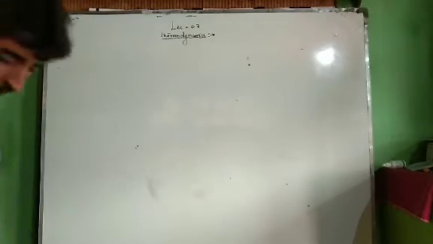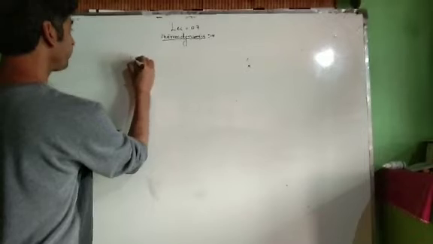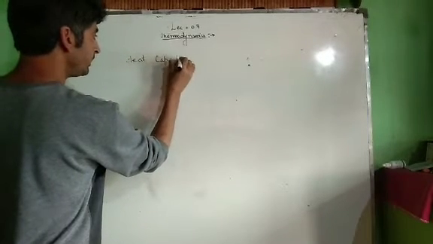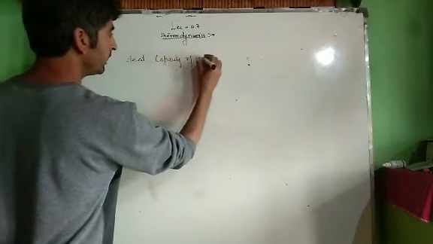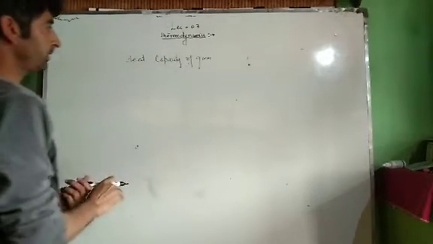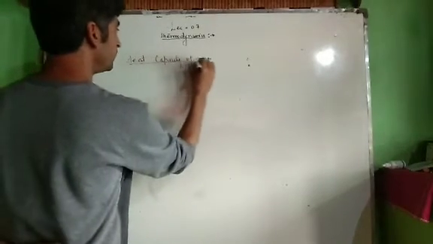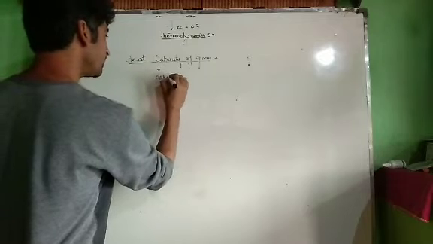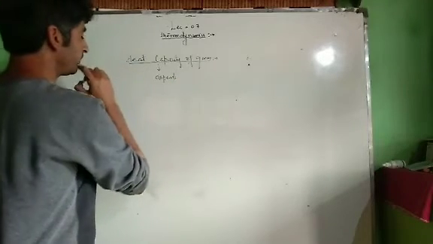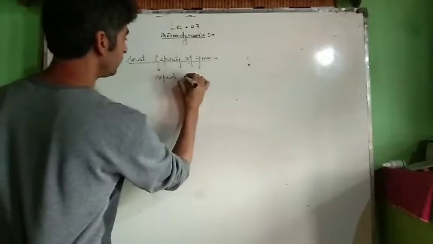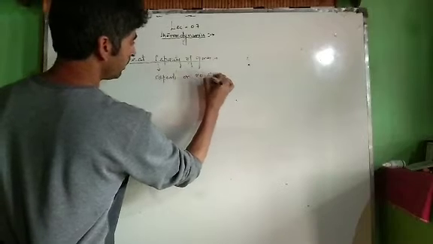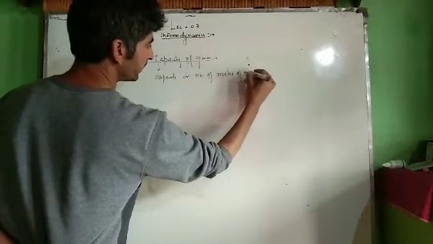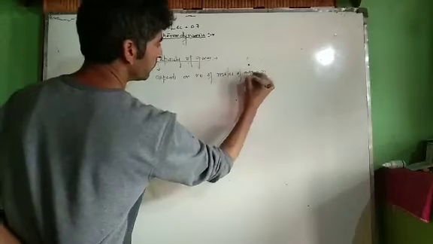Now, heat capacity of gases. In case of gases, heat capacity is of two types. It depends upon the number of moles of gas, N, because in gases we talk about the number of moles.